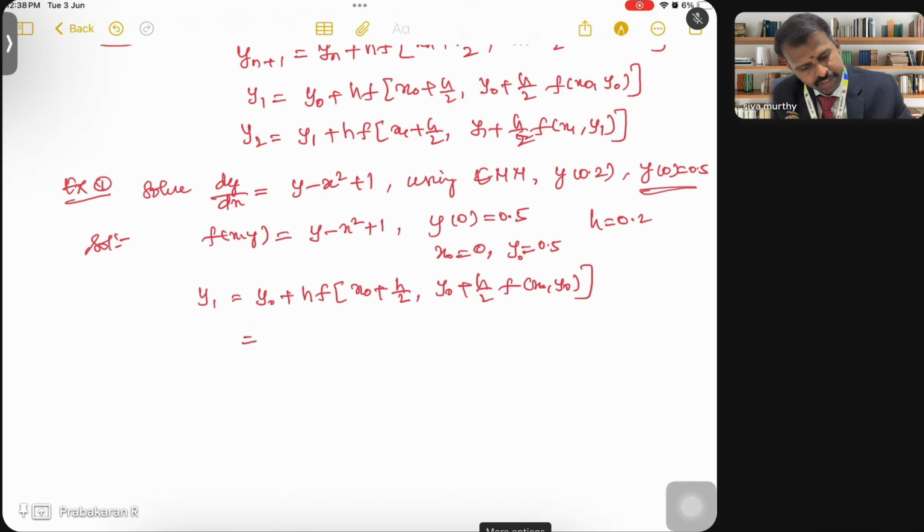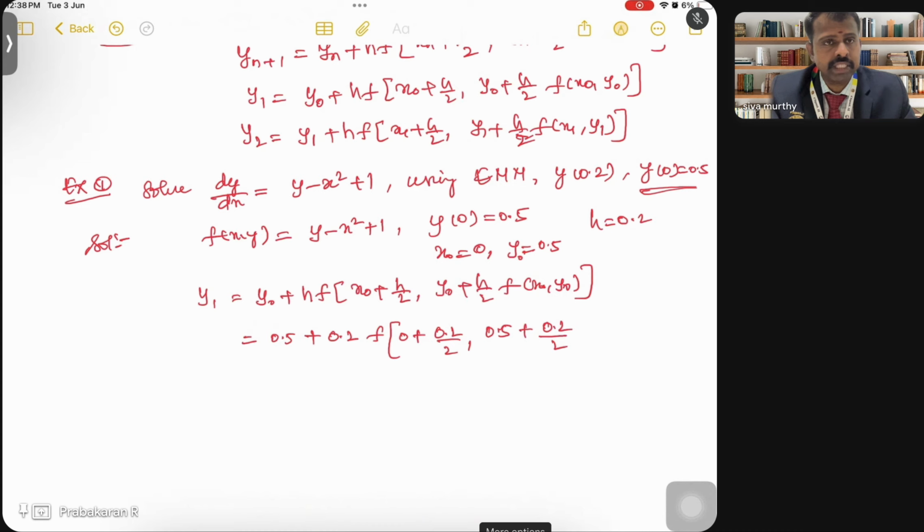So substitute here the value: 0.5 is y naught plus 0.2 is h. Then bracket f of x naught is 0 plus h, 0.2 divided by 2, then y naught is 0.5 plus h, 0.2 by 2, f of x naught comma y naught. Here the differential equation is y minus x square, so we substitute y naught minus x naught square plus 1, close the bracket, right?